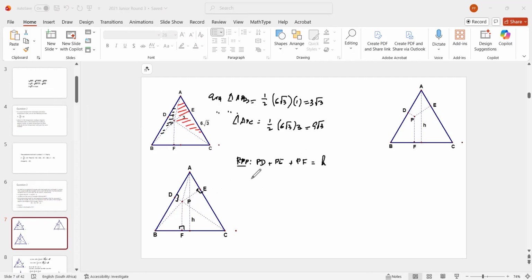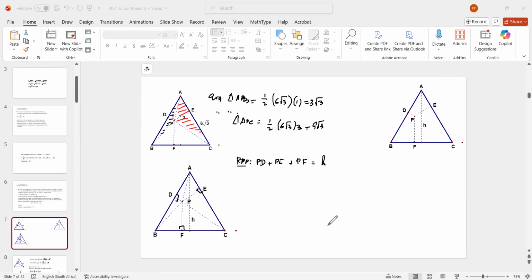Okay, now to prove this, you calculate the sum of the three areas. We wrote down those three areas there, the two areas.